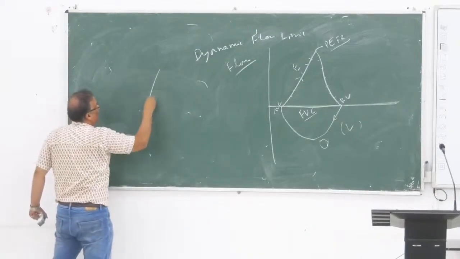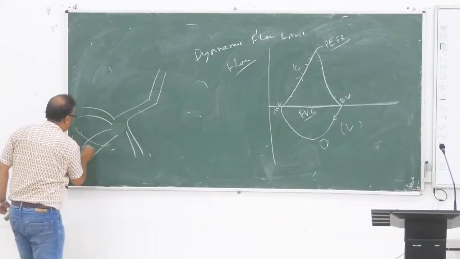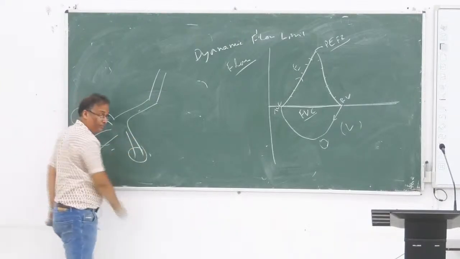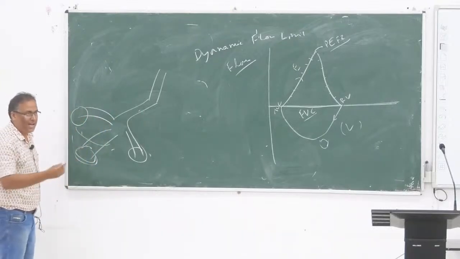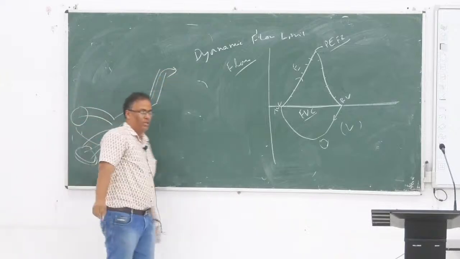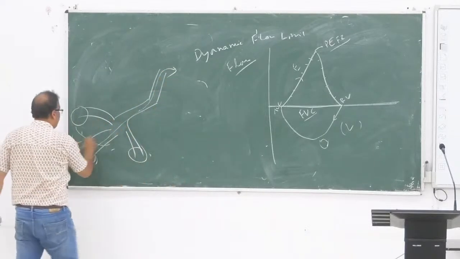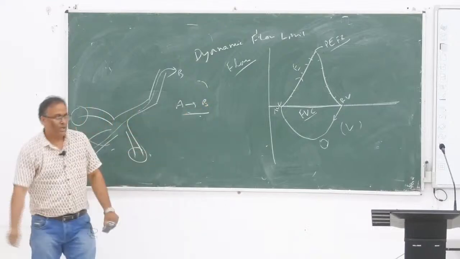Suppose this is your branching and bicycle going on, branching. So whatever you are explaining, that means here is go have to move from active to this one. Suppose this is your A one, this is your B one. So A to B to be your flow.